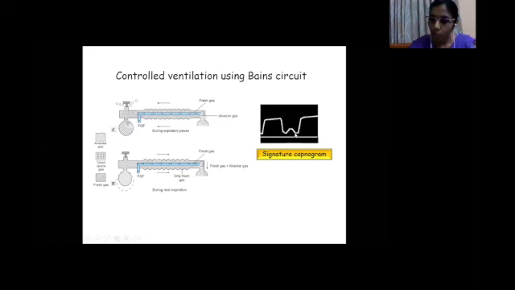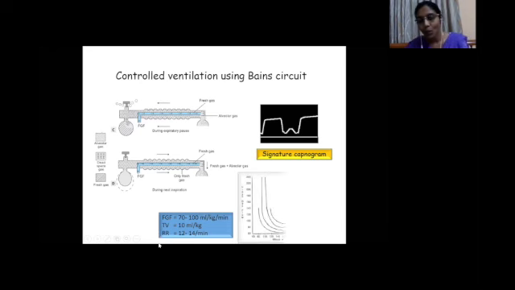And we know open circuits are not non-rebreathing circuits. The washout of carbon dioxide depends on how we are ventilating and the fresh gas flow we are using. To avoid rebreathing in a Bain circuit, we have to use a fresh gas flow of 70 to 100 ml per kg per minute, a tidal volume of 10 ml per kg, and a respiratory rate of 12 to 14. Now, is this the only fresh gas flow and minute ventilation we can use?